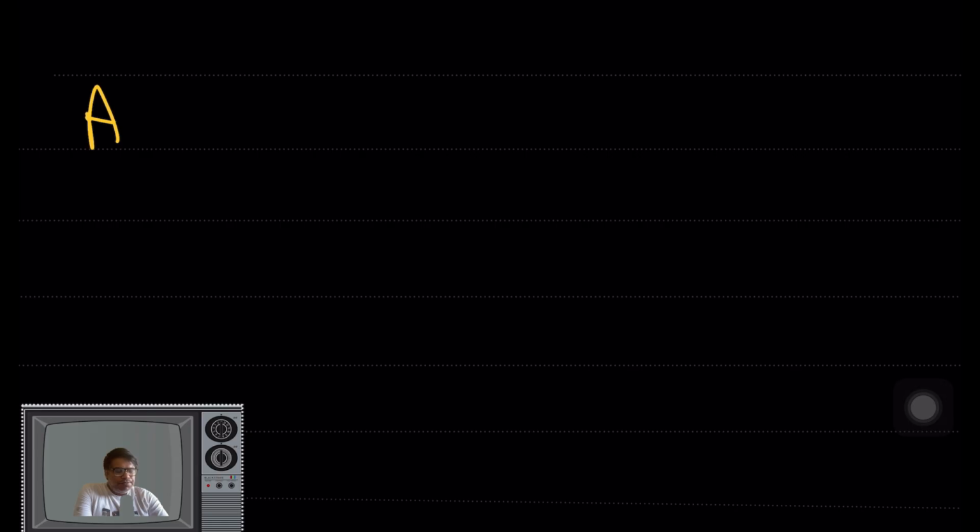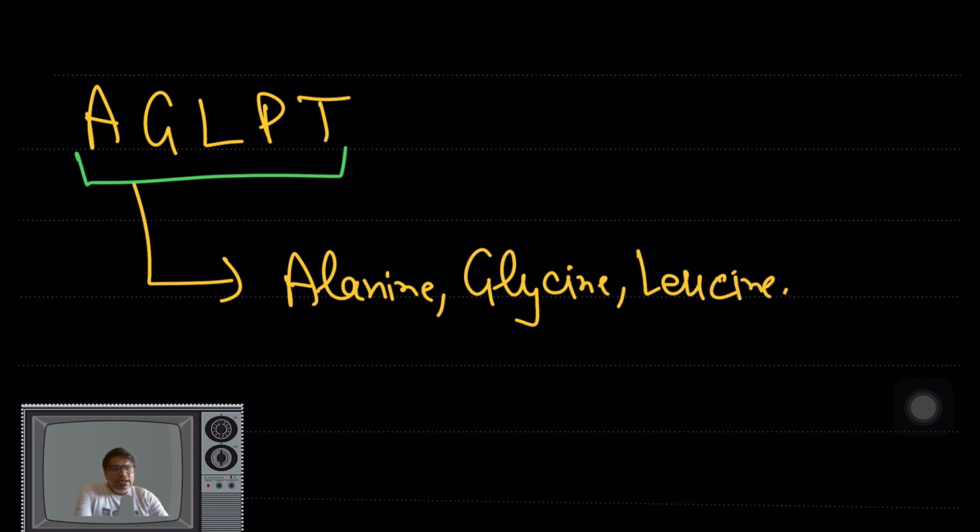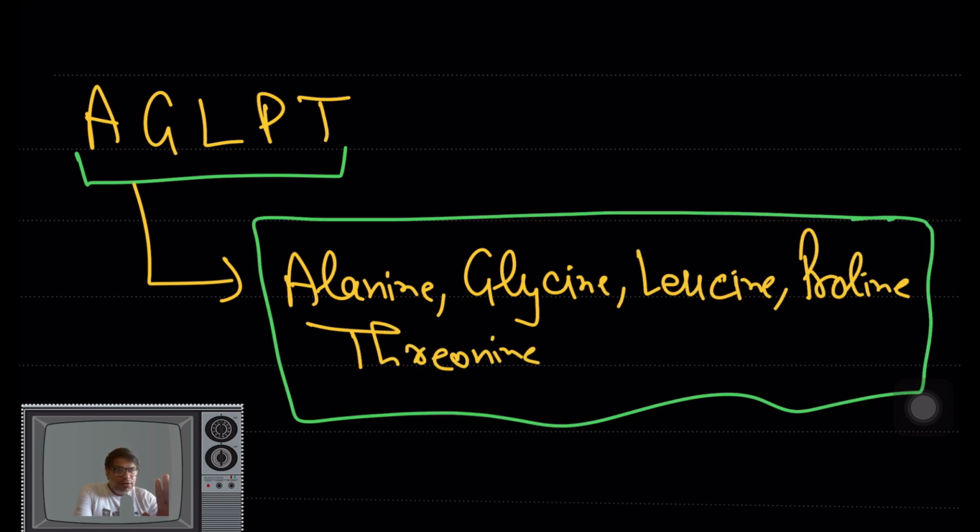So here if you see AGLPT, based on this rule, A stands for alanine, G for glycine, not for glutamic acid, L for leucine, not for lysine, P for proline, not for phenylalanine, T for threonine, not for tryptophan.